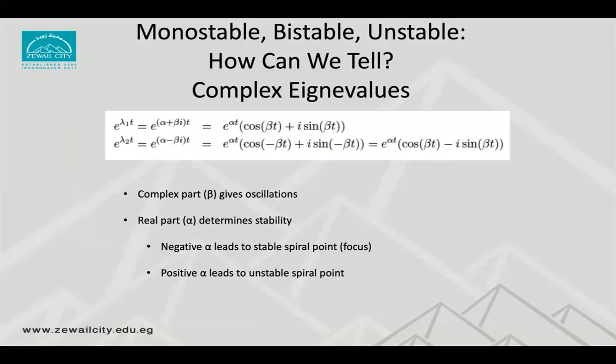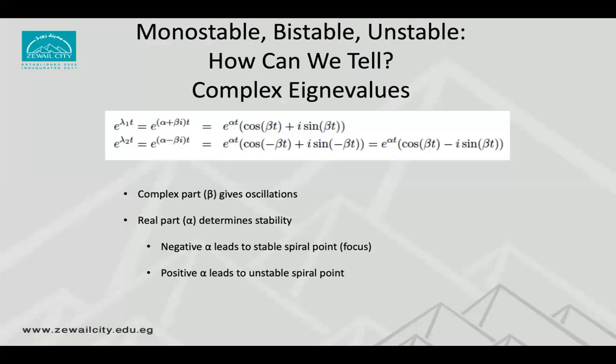So if we call the real part alpha and the imaginary part beta, then the imaginary part will determine the frequency of oscillations, and the real part will determine the amplitude of the oscillations.